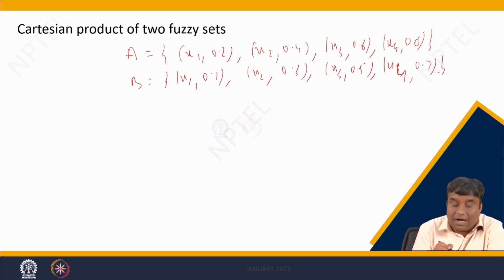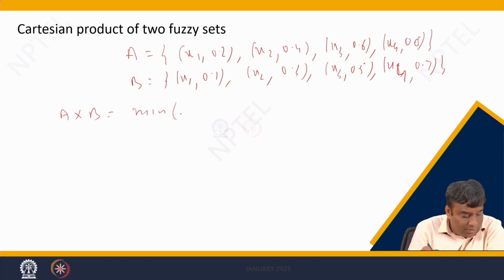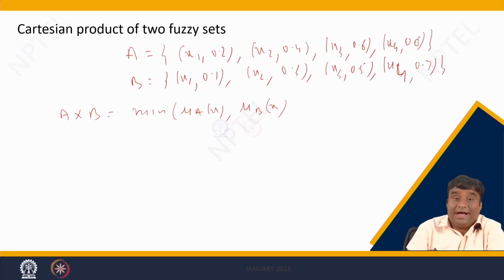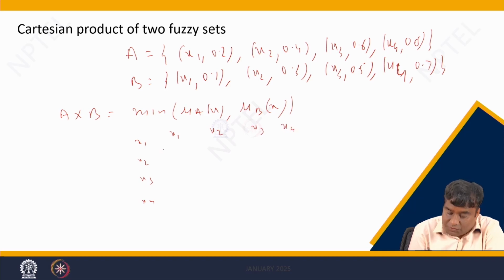So the Cartesian product A cross B can be written as the minimum of mu A(x) and mu B(y). So here the entries you can write x1, x2, x3, x4, and the same elements x1, x2, x3, x4. So these belong to rows and these belong to columns. Now minimum of 0.2 and 0.1 is 0.1.